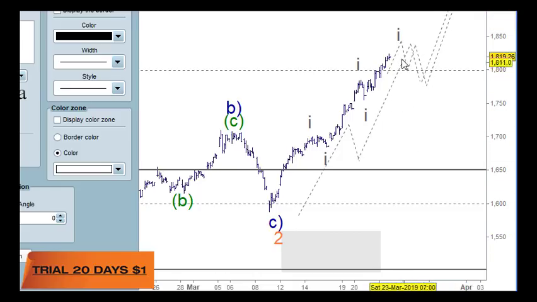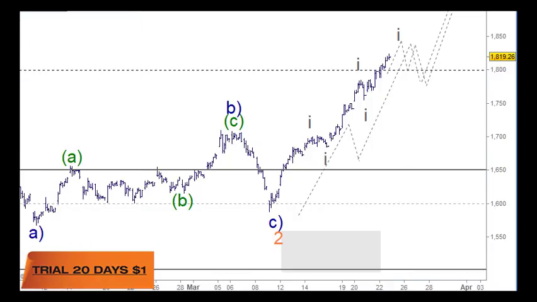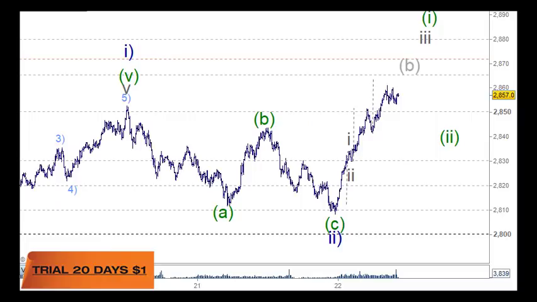So this pullback here, that's cool, because that will be in line with this making another top in here. So if I just draw it here, moving up into this space here, and then having a corrective move here before going up again there.